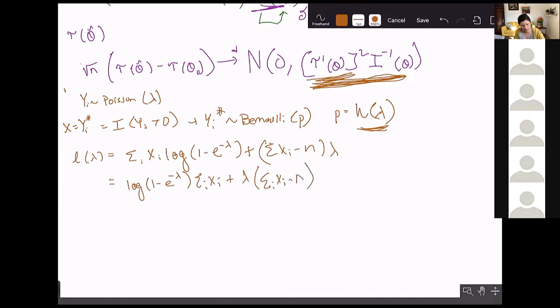So then you take the derivative with respect to lambda of this log likelihood, which gives you the score, and then you take the derivative again to get the information.